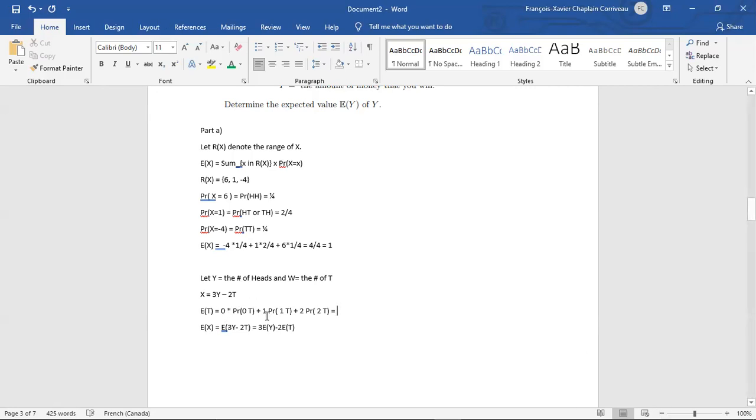Now, so this goes away. The probability of getting 1 tail is a half, so this is a half. The probability of getting 2 tails is a fourth, times 2. That's a half. This is 1.